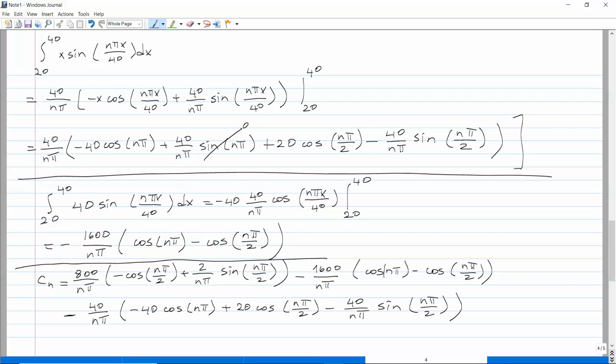Okay, let's see. We have cosine of n pi over 2 here, here, here. Let's combine the coefficients. I have minus 800 over n pi here, plus 1600 over n pi here. So I have plus 800 over n pi and minus 800 over n pi. So these terms cancel out. The coefficients cancel each other out.